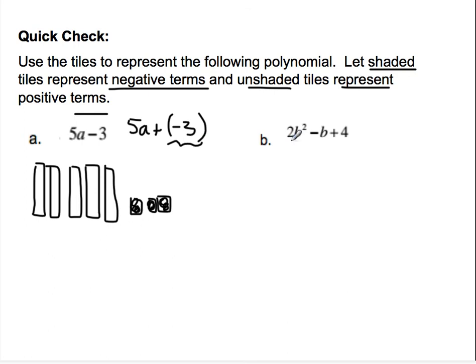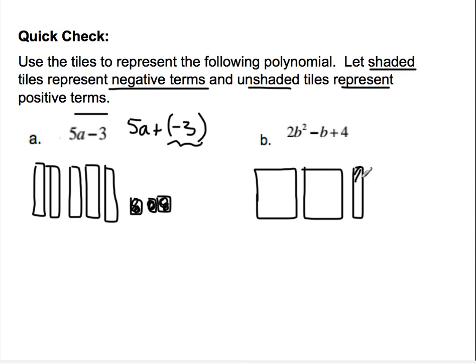Here, this is positive, and unshaded is positive. Now make sure that these don't look like rectangles. Try to make them as square as you can. I have to be able to identify the difference between these two.